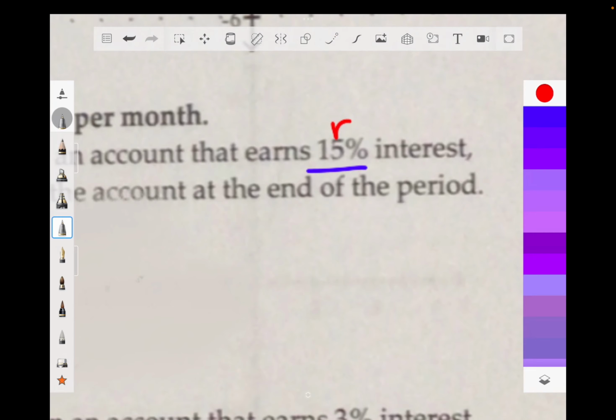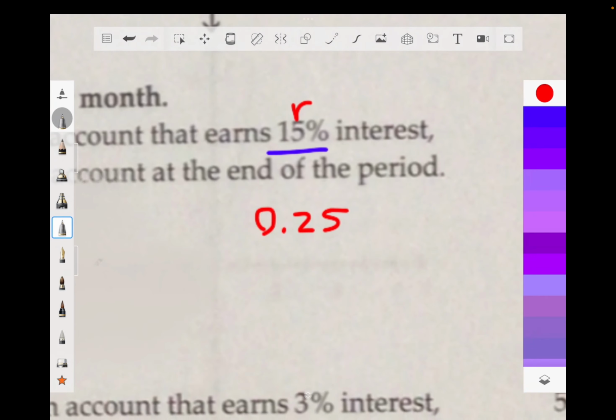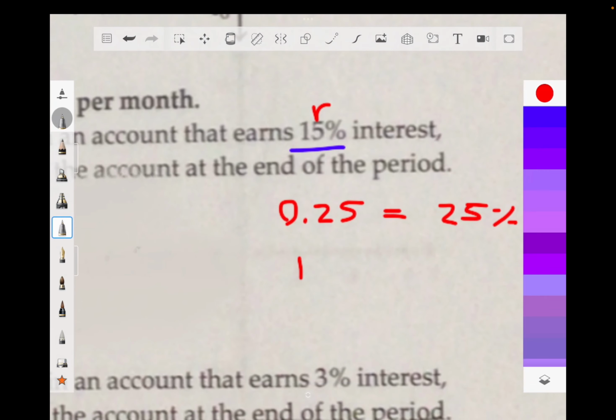To go from percent to decimal, you either multiply or divide by 100. So if I had 0.25, if I want to turn that to a percentage, I multiply by 100, so that's 25%. If I have 15%, if I want it in a decimal, I divide by 100, which is 0.15.